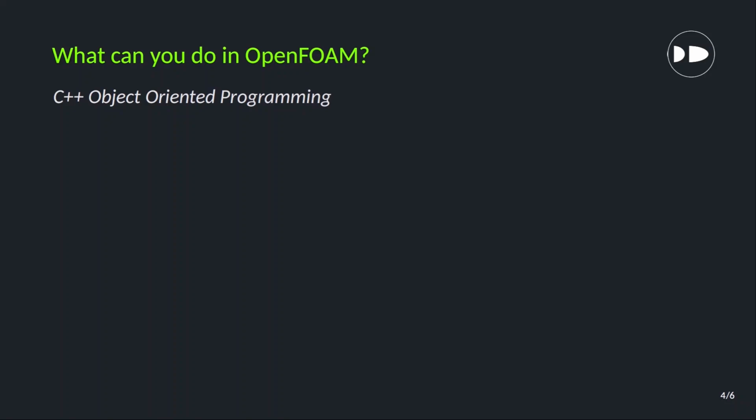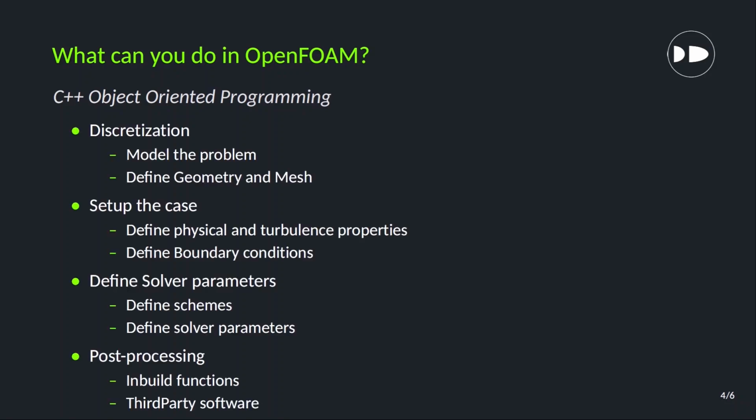If you download any other CFD software, you will get freedom in 1, 2 or at most 3 stages, but OpenFOAM allows you to make modifications at each and every step. So you have complete freedom inside the software. You will get more idea about these stages when we run the simulation. For now, let's move on to the next slide.